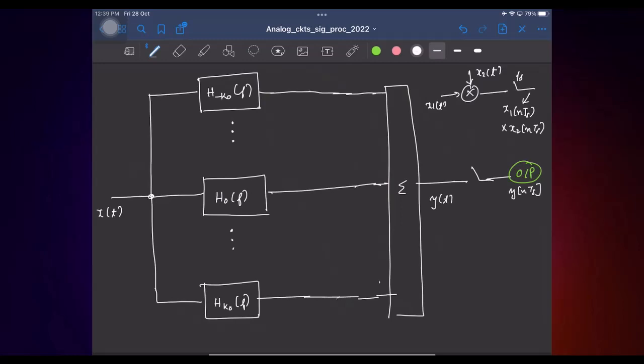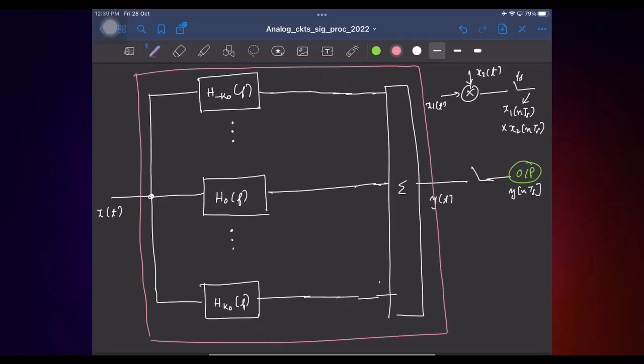So now what do you see? How does it look? This effectively is like an LTI filter. Okay, so I can say this is some equivalent filter. And what is the frequency response? It's the summation of all the harmonic transfer functions of our LPTV network.